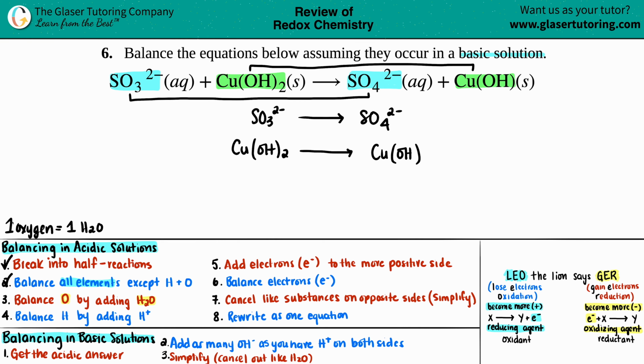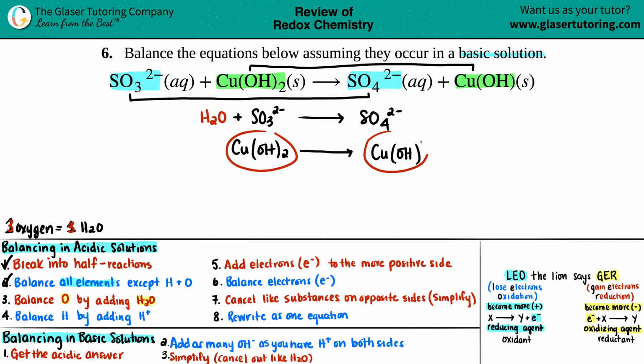If you need 2 oxygens, you add 2 H2Os, and if you need 3 oxygens, you add 3 H2Os. So let's see. I have 3 oxygens on the left side and 4 oxygens on the right side, so I need 1 more on the left. I'm going to add just 1 H2O because I only need that 1 oxygen.